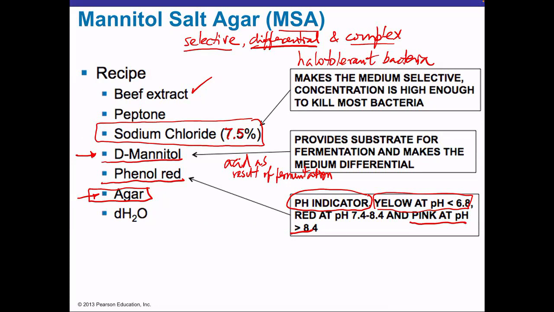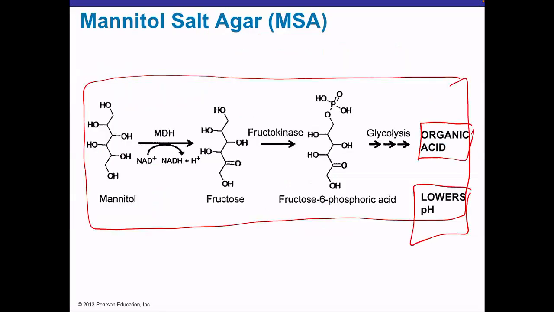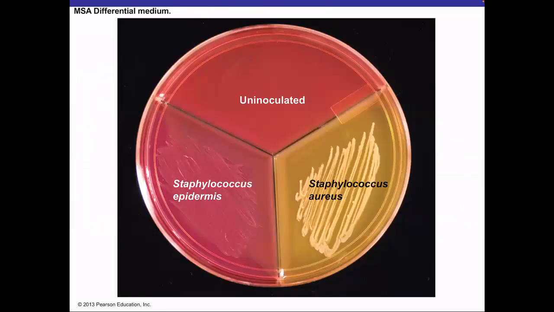And this is an example of what may happen there. The top section of the medium shows the medium that has not been inoculated, and you see the color of the medium is red. But if you inoculate a bacterium that is halotolerant, that can grow there in that high salt concentration, and that at the same time is able to ferment mannitol, you see how the color of the medium changes to bright yellow.